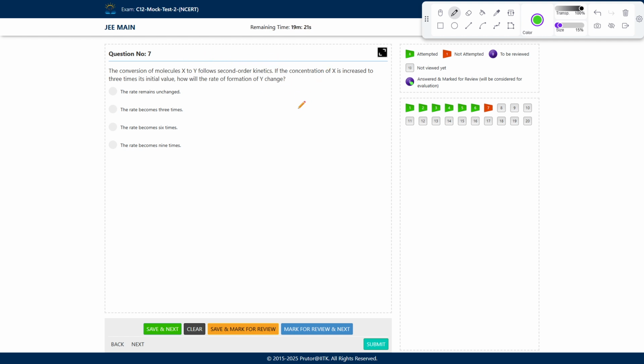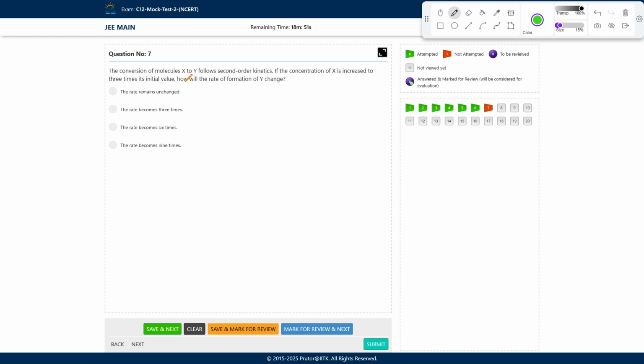As I said, we have different orders of reaction: zero order, first order, second order. Now we are also given a condition that if you increase the X concentration, the reactant concentration, to 3 times its initial value, that means if X is the initial value, it will become 3X. How will the rate of formation of Y change with this change of reactant concentration?